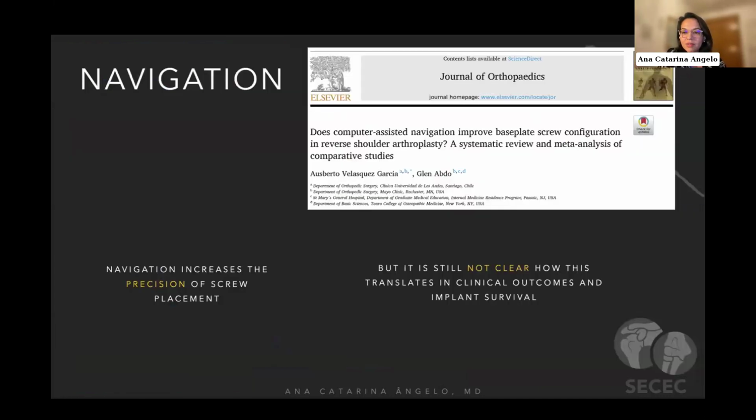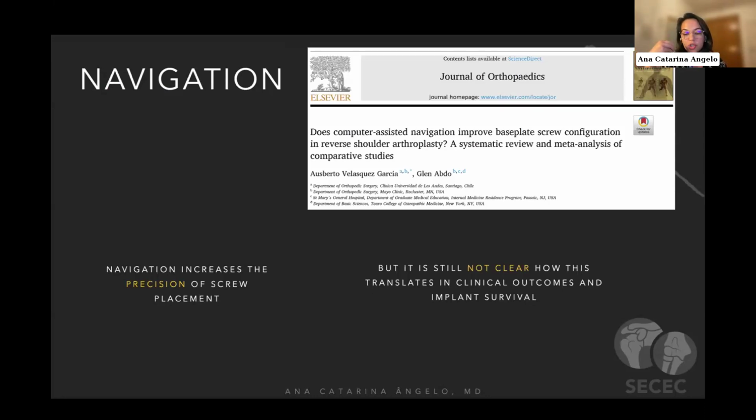What about navigation? Navigation has been around for a couple of years, and at the beginning was super popular. Now we're talking less and less about navigation, but it can be very useful because it helps you to precisely place your screws in the right position.